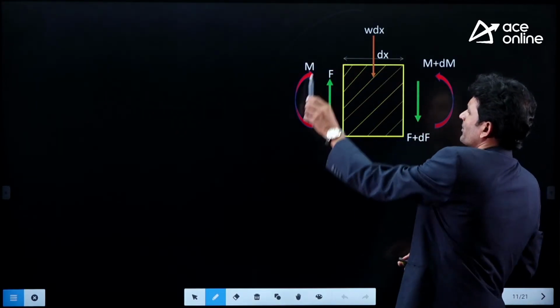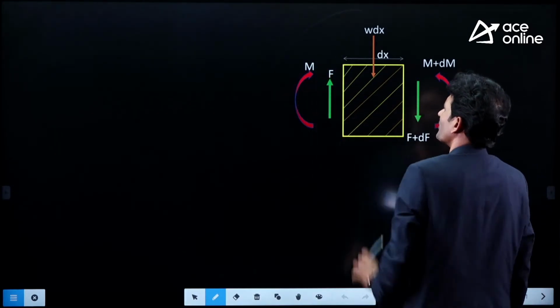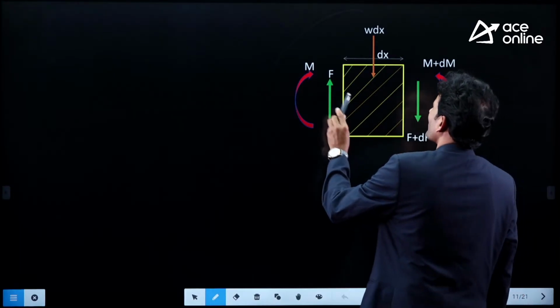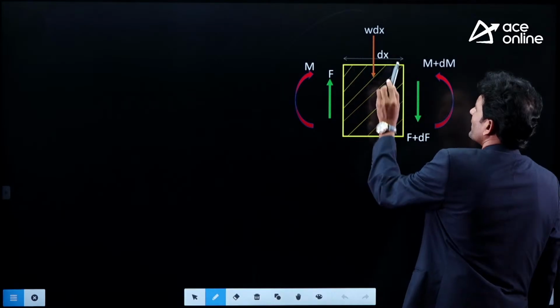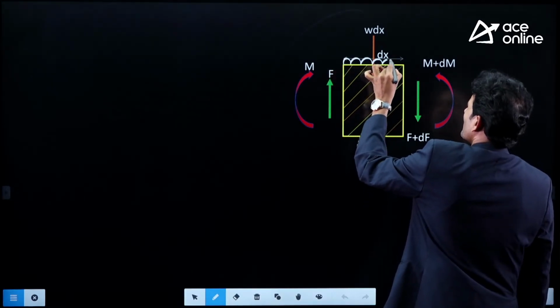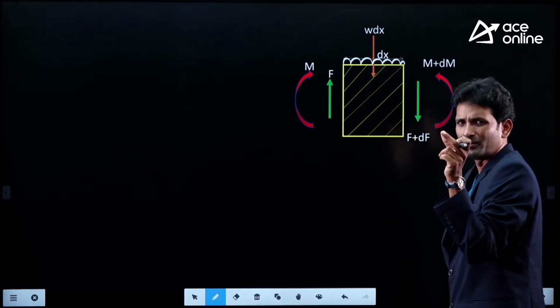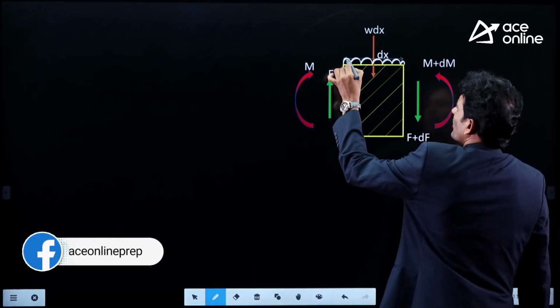Now, this is the element I am taking separately. So this is the moment and this is the force. Just imagine that they are acting on the left hand side of my element and right hand side of my element. This is a small elemental strip. Being a very small element, the loading distribution is almost uniform over this element.